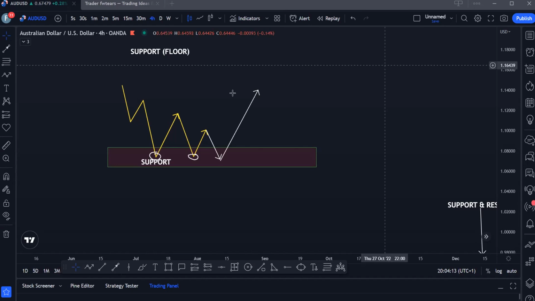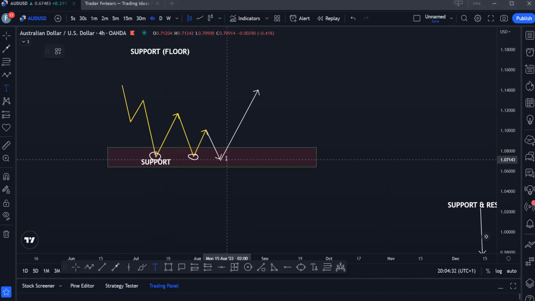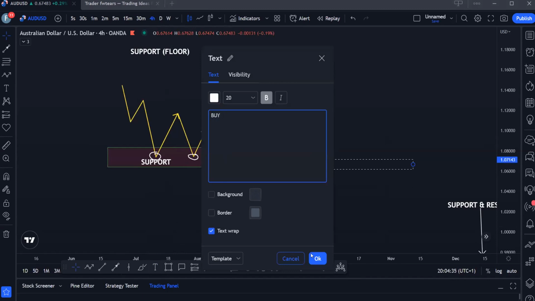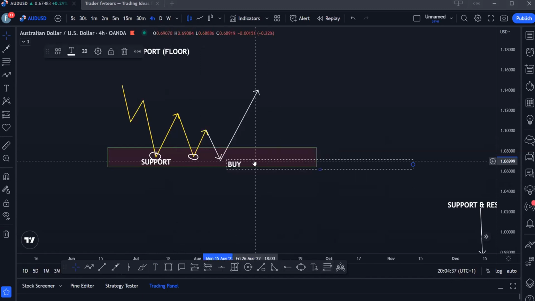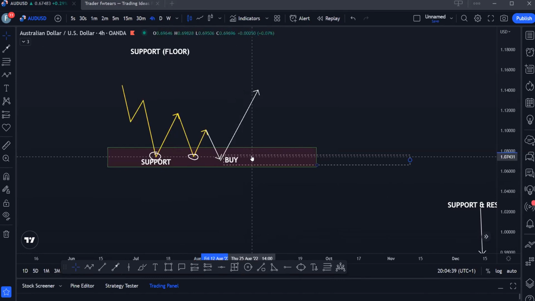So confirmations: at least 2 touches. For some people, they wait for 3 touches, but you want a minimum of 2 touches. Then you take your entry at the 3rd touch. So over here, you want to look for opportunity to buy after you've confirmed and done your confluence.